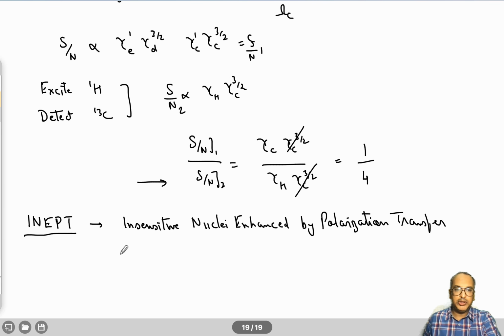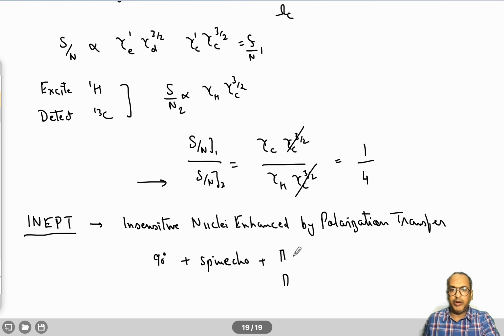It's composed of a very simple sequence of pulses which we have already learnt. It is basically composed of a 90-degree pulse, plus a spin echo, which we have learnt already, plus two 90-degree pulses simultaneously, one on the proton channel and one on the 13C channel. This part also we have learnt.